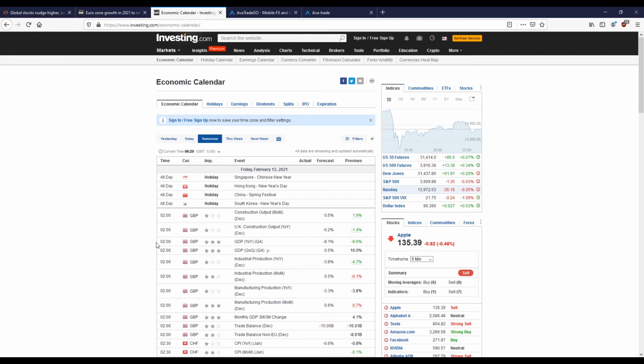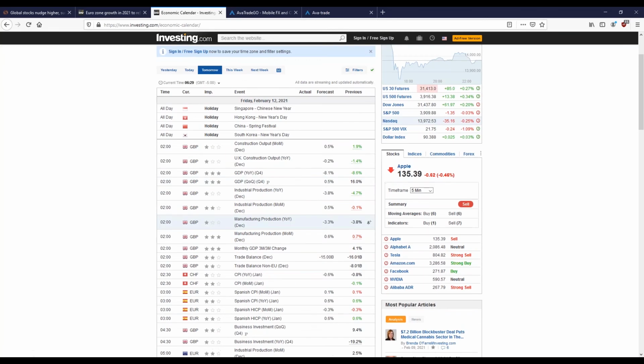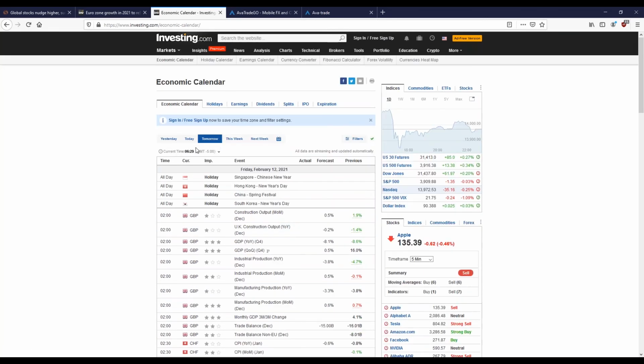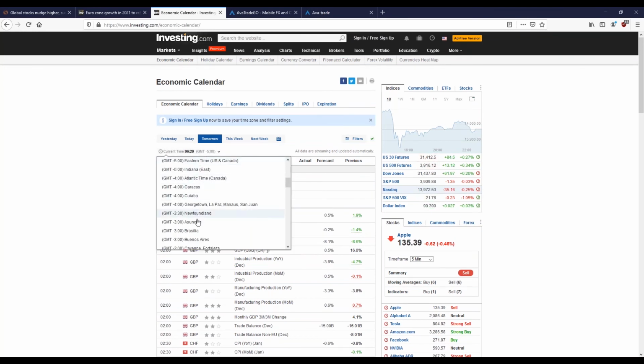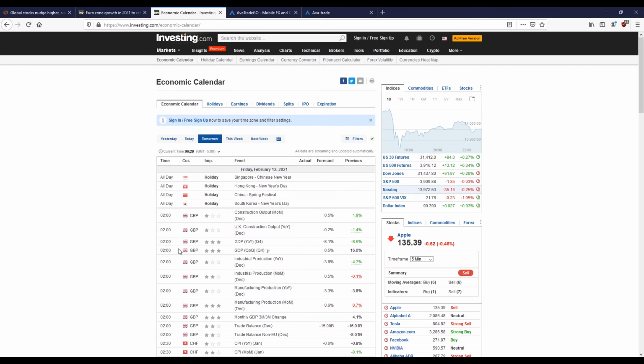So 5 p.m. New York time is the official close of the trading day for us. So I'm always referring, or many times referring to New York time, and that's how I have this set here. Okay, but you can change the setting up here. You see the GMT? I'm on GMT -5. I could switch to some other GMT time anywhere in the world, and it'll show me in that time frame.